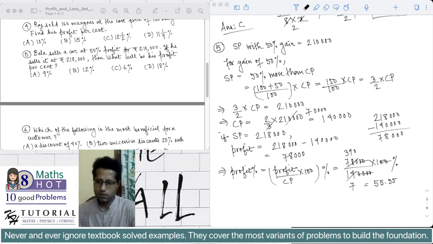So the profit percent will be profit divided by CP multiplied by 100. Profit is 78,000. Cost price is 1,40,000, multiplied by 100.